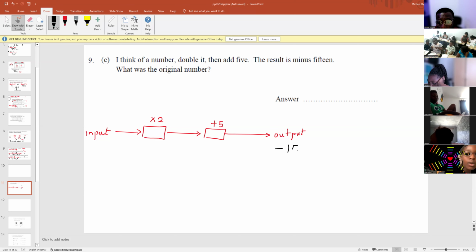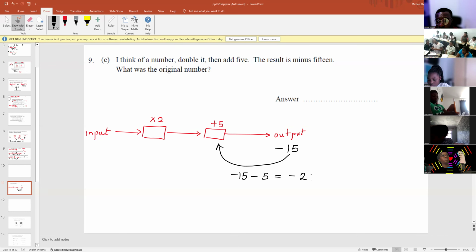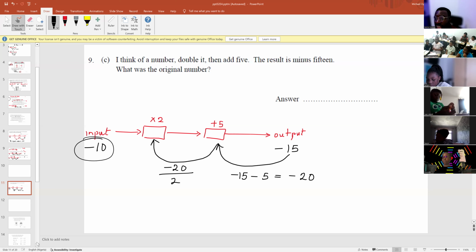Going back, you take away 5. So negative 15, take away 5. That's negative 20. Now, doubling, divide. So that is negative 10. So the number is negative 10.